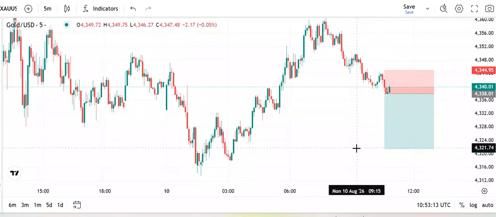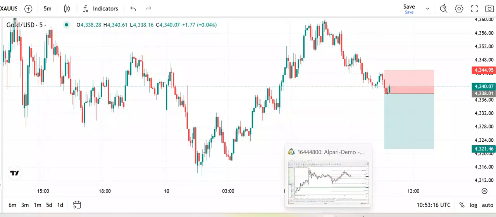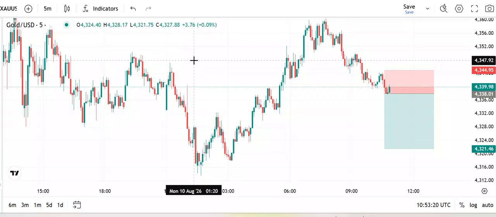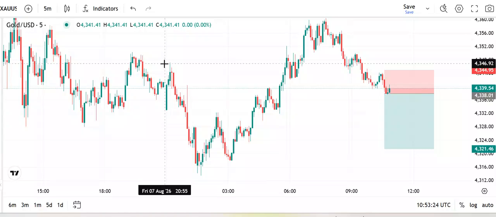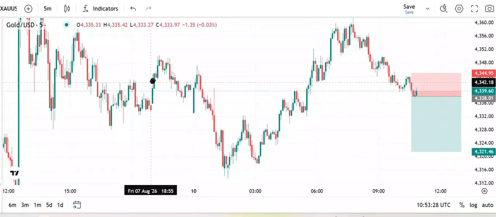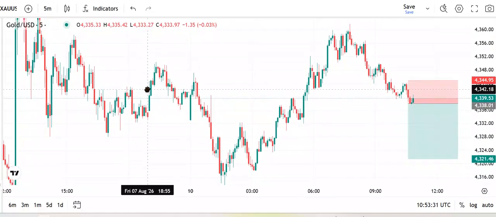Today we want to look at how we can use the price action strategy to trade gold on the 5 minute time frame. I have gold 5 minute time frame on the chart.